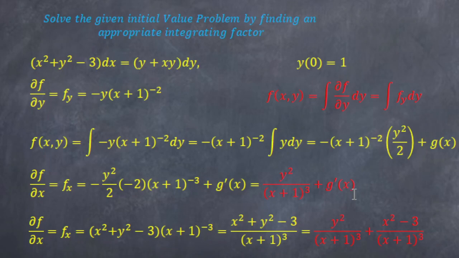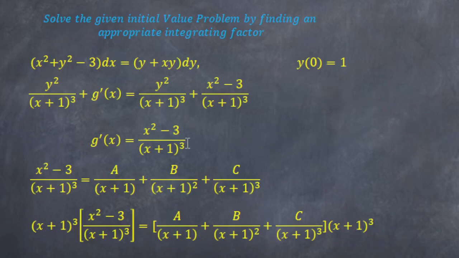So next step, we'll try to find our g of x. So equating, we have g prime of x is equal to x squared minus 3 over x plus 1 cubed, because we can cancel these out here because they are just the same.